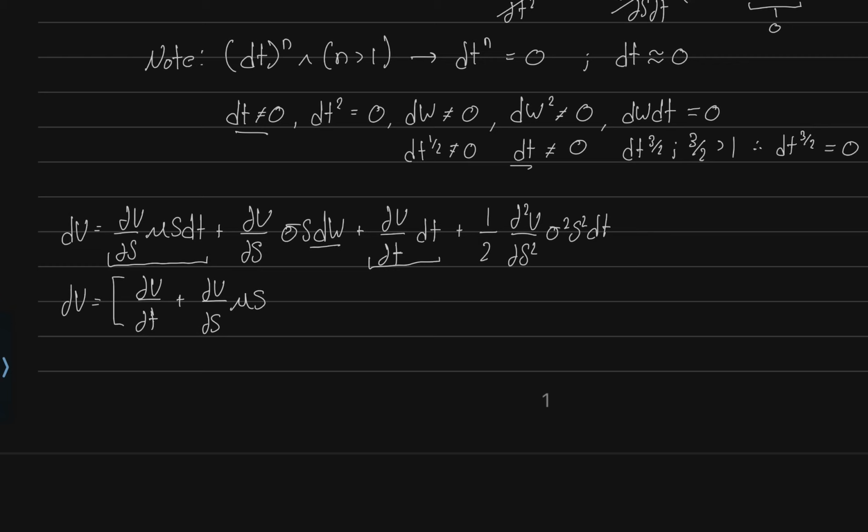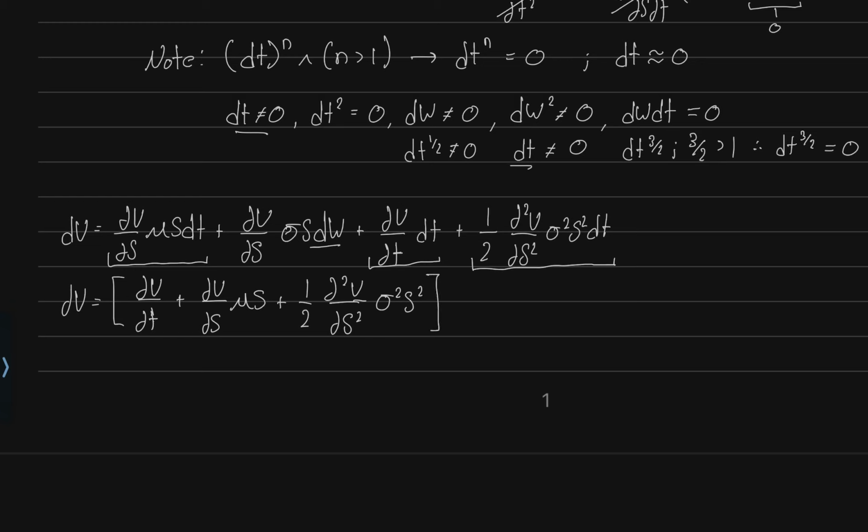And I also have my last term, which is in terms of t, so I can write that as 1/2 second partial derivative of my financial derivative with respect to my stock price times my volatility squared and stock price squared.